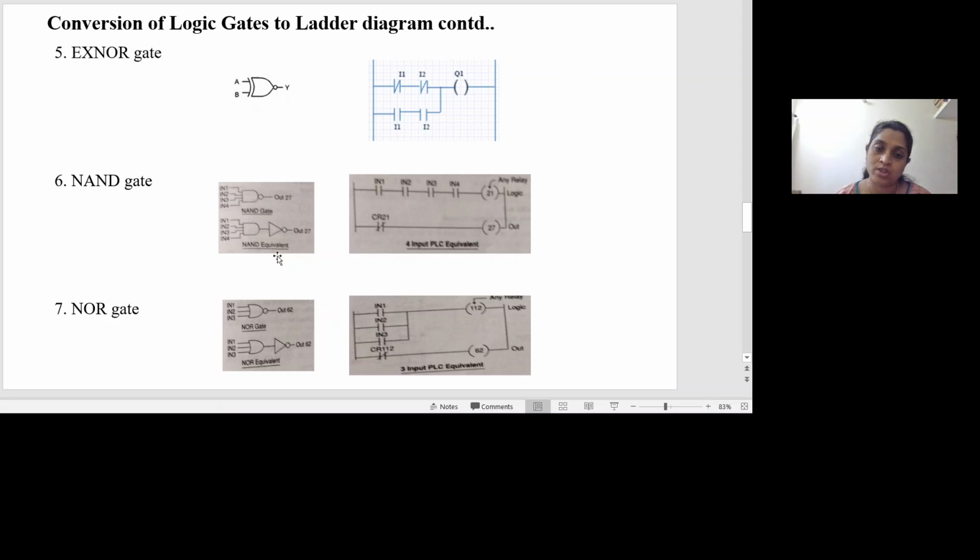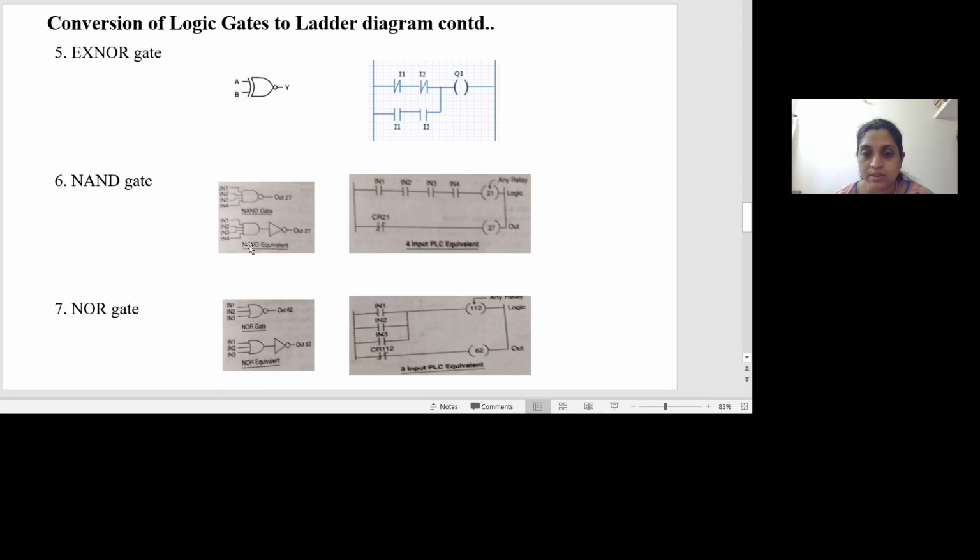The same logic is used to write a ladder diagram for the NAND gate. Here you can see this AND gate. There are four inputs here. So the inputs of the NAND gate are represented as contacts.